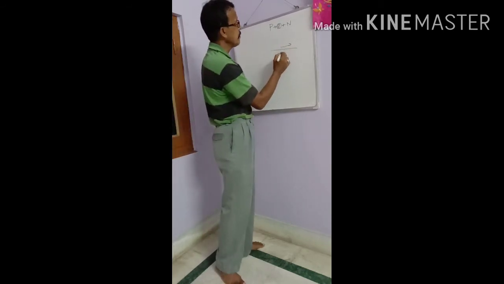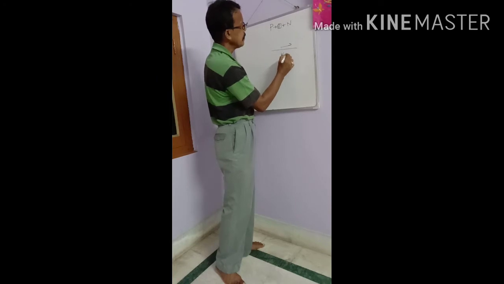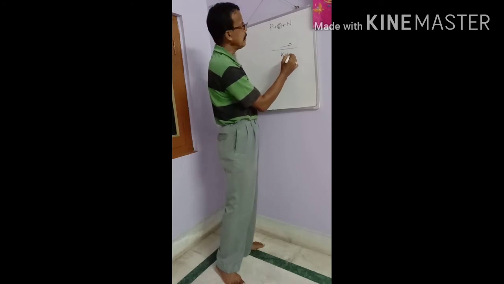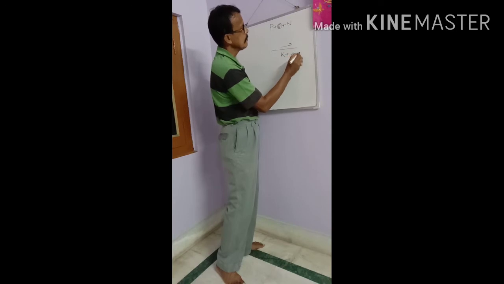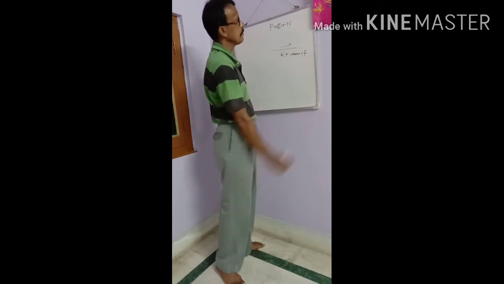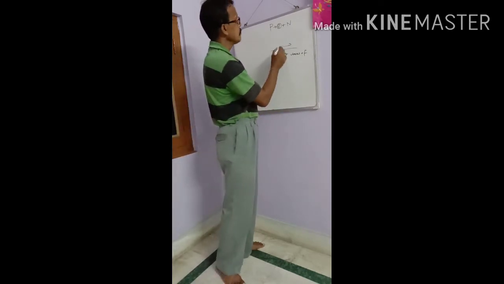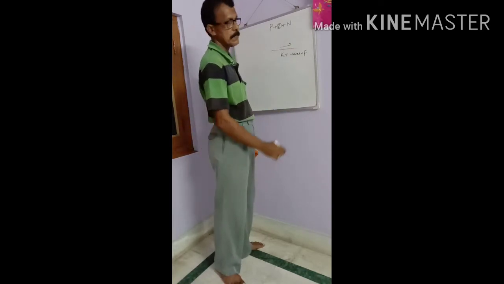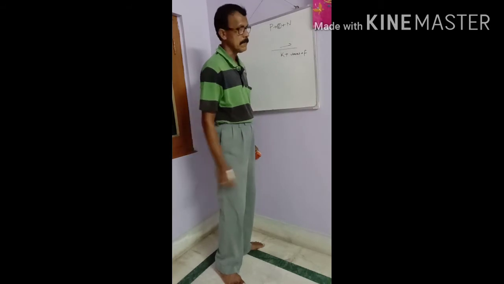This is K plus A vowel, okay, A vowel and F. This is ka, F hook, and finally added.